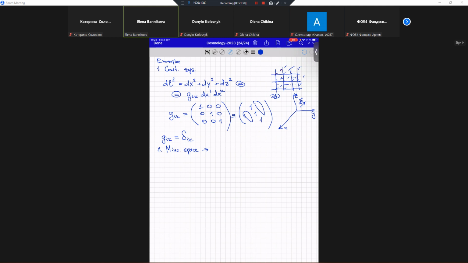From the point of view of space, it's flat, and we also have time, so we need to write the interval squared equal to c squared dt squared minus dx squared minus dy squared minus dz squared.